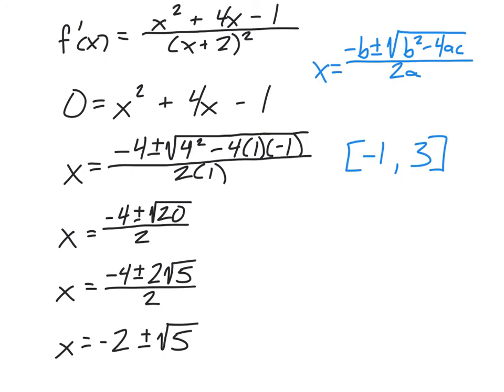And so a little bit of quick estimation told us what we could also learn by pushing buttons on the calculator, that the only actual solution here, the only value of c that satisfies Rolle's theorem, is the negative 2 plus root 5. So that is the one value at which we get a derivative that equals 0 within this particular interval.